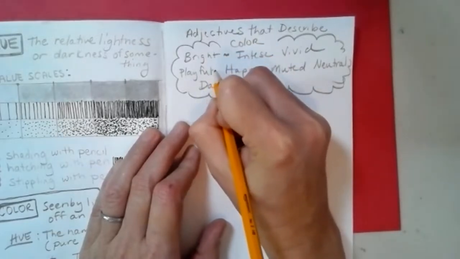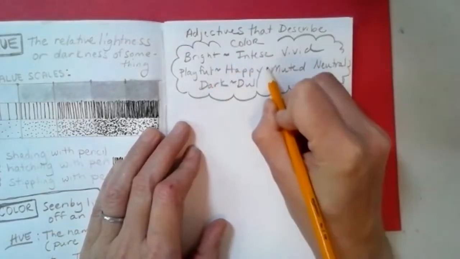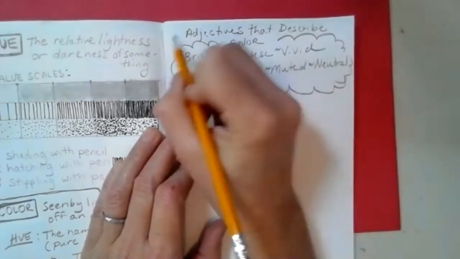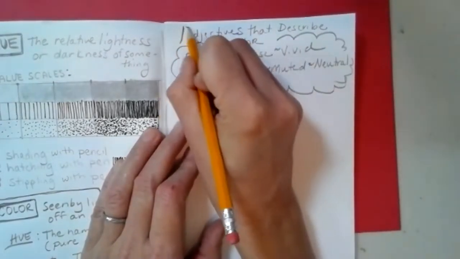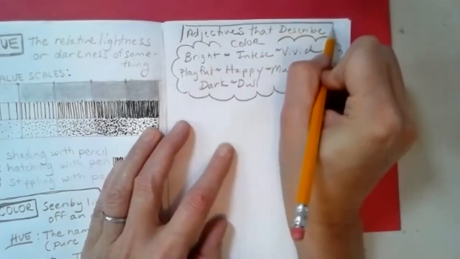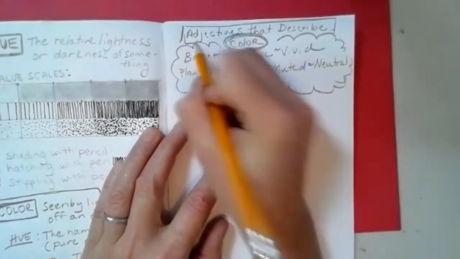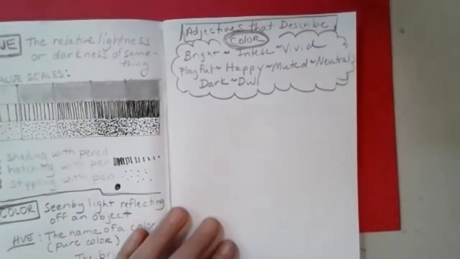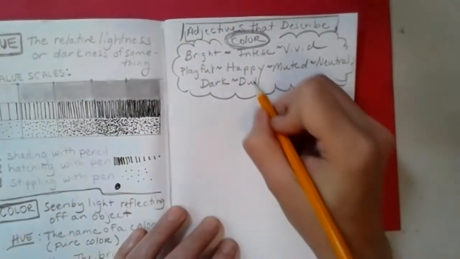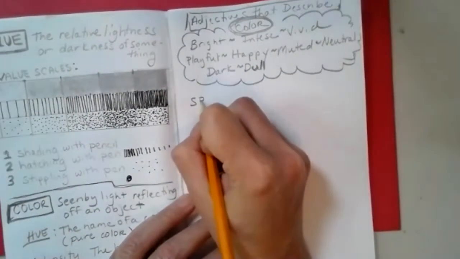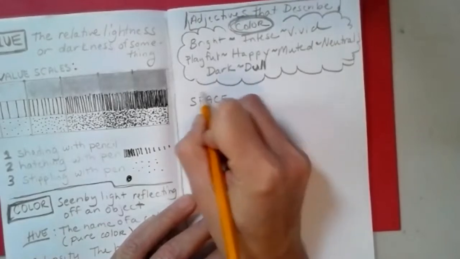And so put something like adjectives that describe color. Okay. All right. Good. Now the next one is space.